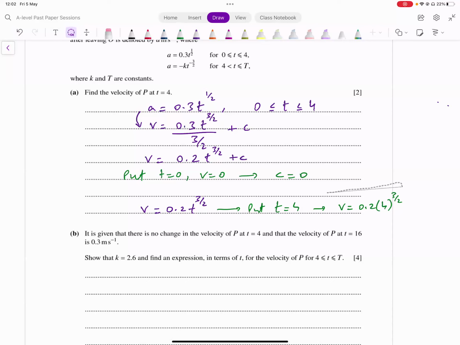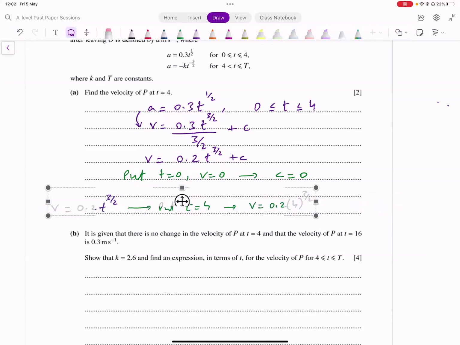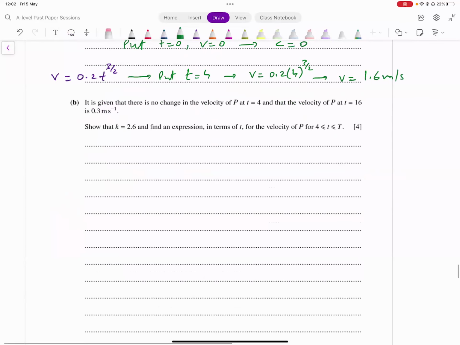Evaluate this on a calculator and see what that gives you. The velocity comes to 2 raised to power 3, 8 into 0.2, and that's 1.6. Velocity is 1.6 meters per second. That's what we were looking for in the first part. Let's look at part B now.